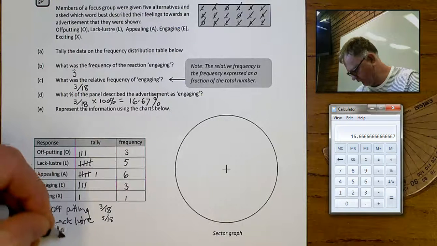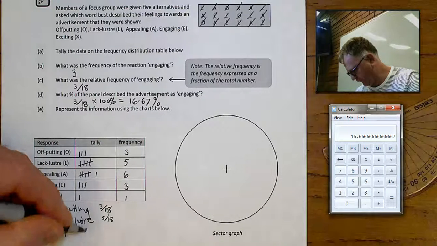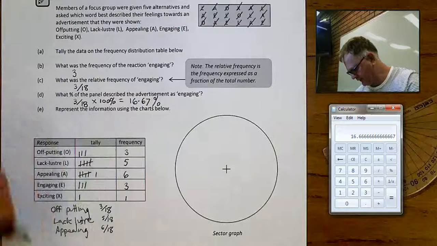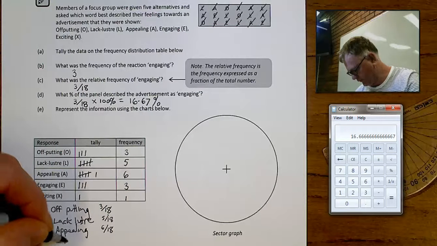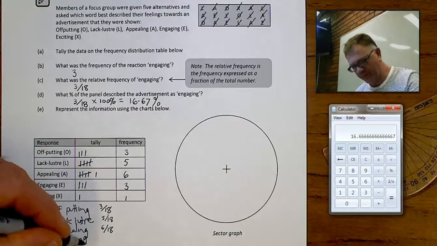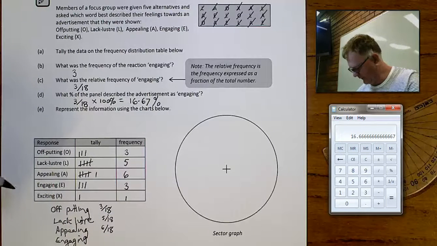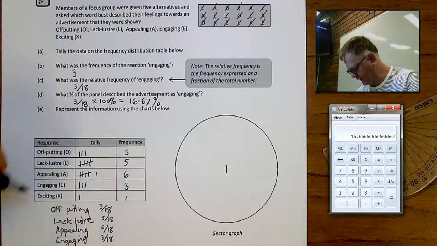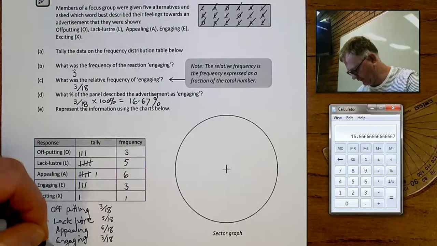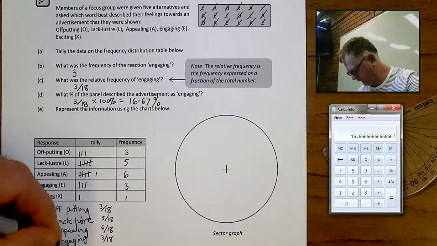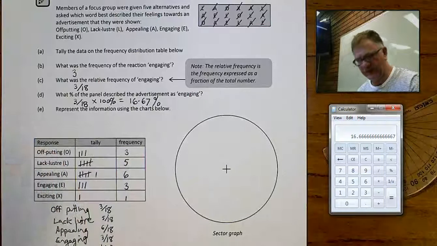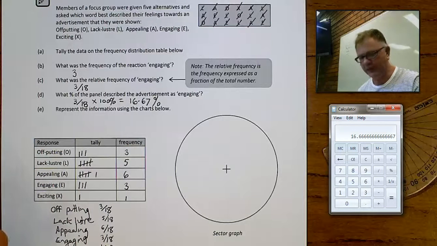Appealing, 6 out of 18. Running out of space, aren't I? Engaging was 3 out of 18. And exciting, 1 out of 18.